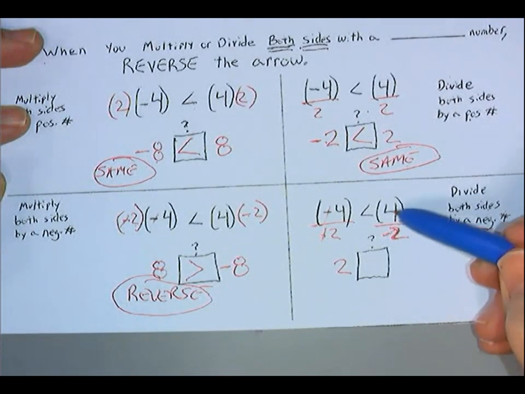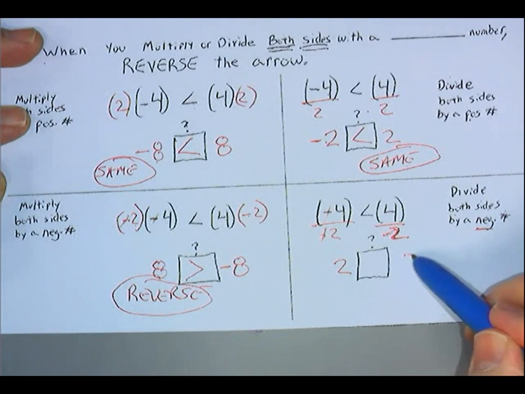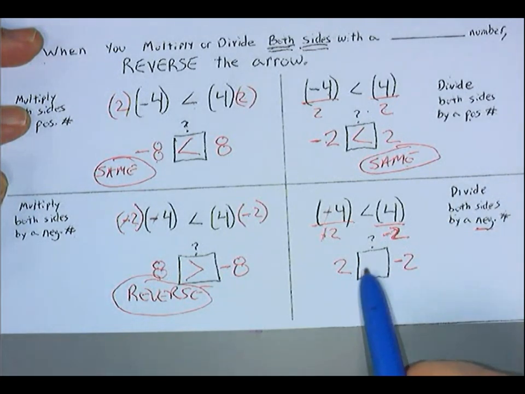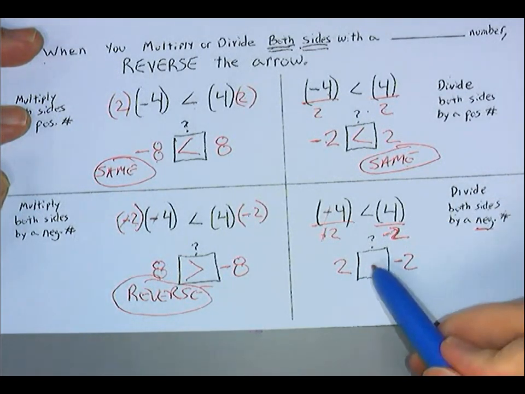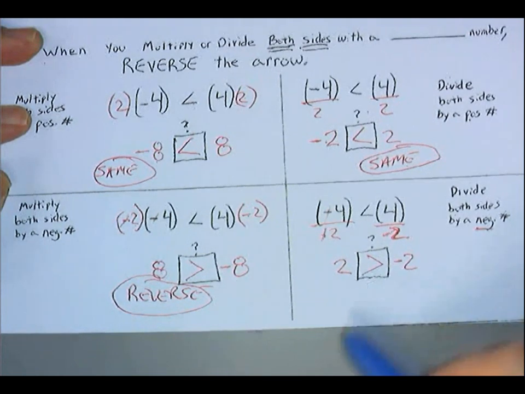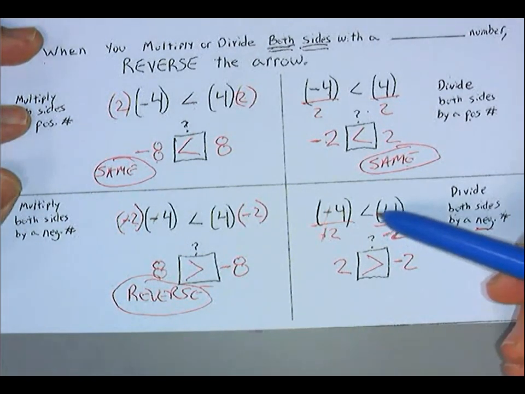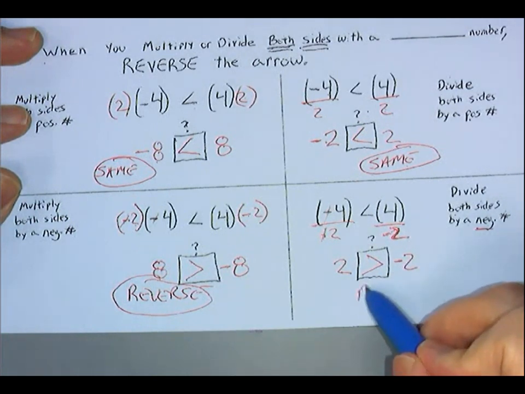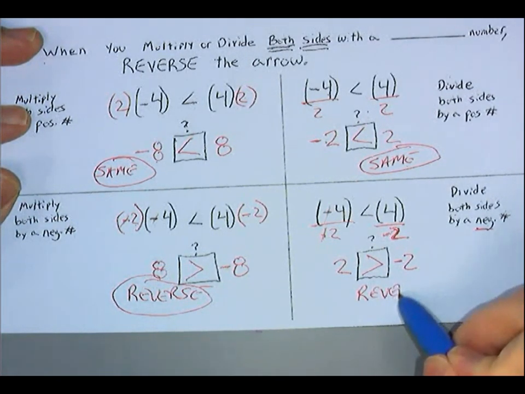On the other side, 2 goes into 4 twice, but there's one negative, so it's negative. So going left to right, 2 is what to negative 2? Is it more than or less than? It's more than negative 2. Notice how we had to reverse the arrow to keep it true.